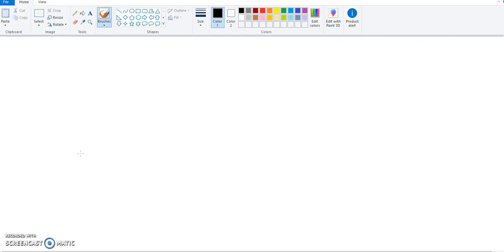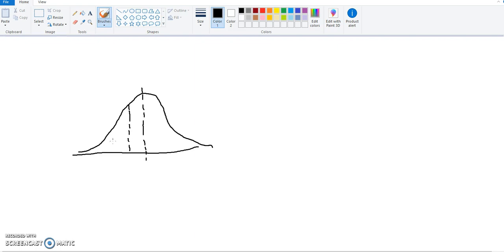Essentially when you're doing 68, 95, 99.7, you've got a normal curve, and then you've got your middle value, and it's supposed to be perfectly symmetric. So there's kind of 4 separate pieces on one half or the other. It doesn't really matter which half, but essentially this piece right here is half of 68, so that's 34%.